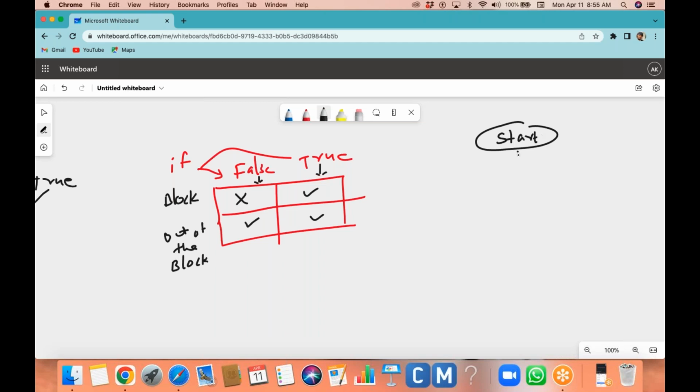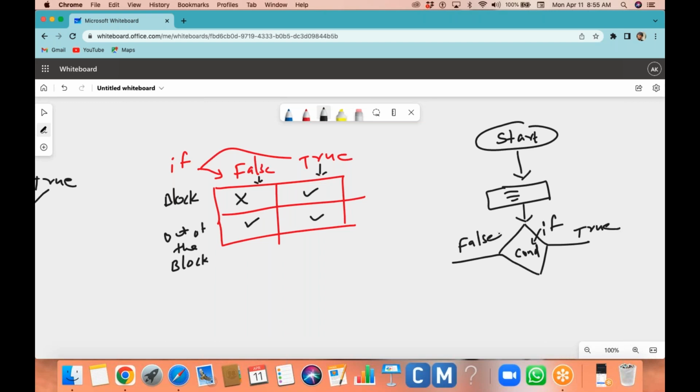By the time of execution, the program may have some statements, and they are executed. After executing some statements, you may have some condition. This condition will be checked by the if keyword. If is the keyword that checks the condition. Here we have two options: either it can be true, or it can be false.